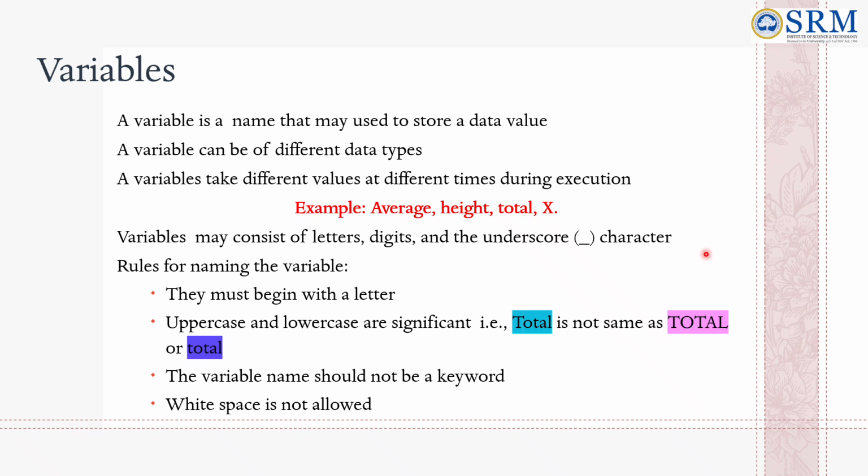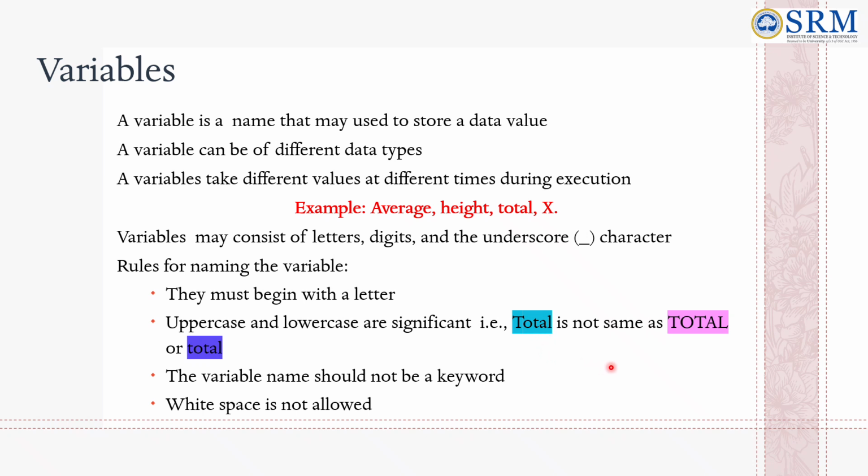And here are some rules that have to be followed while naming a variable. They must begin with a letter. Uppercase and lowercase are significant. Here are the examples. "Total" begins with an uppercase letter and all other letters are in lowercase.